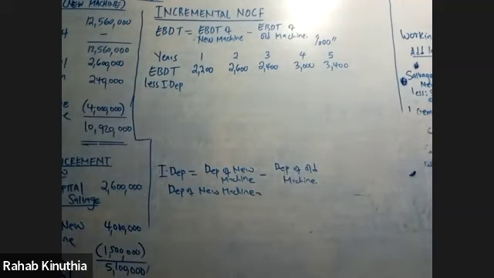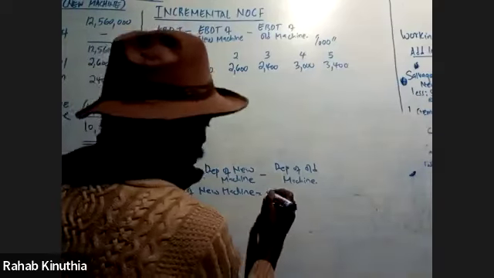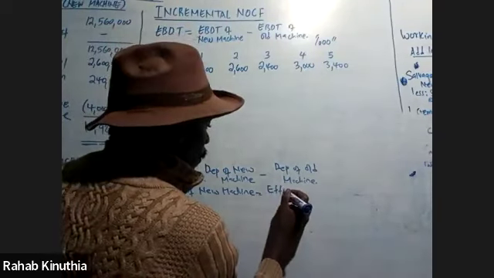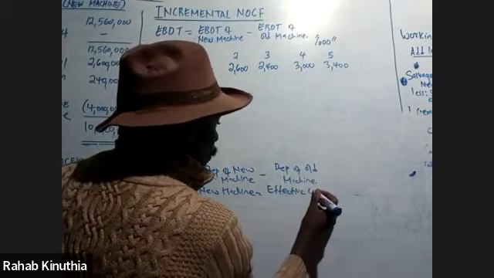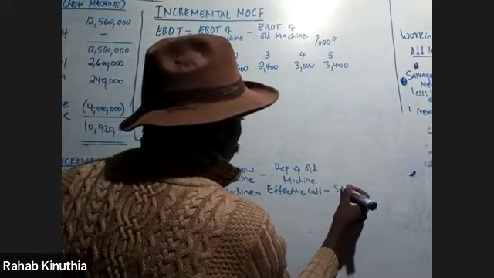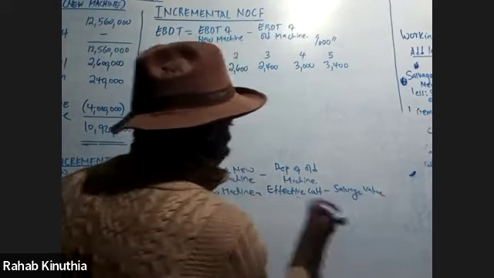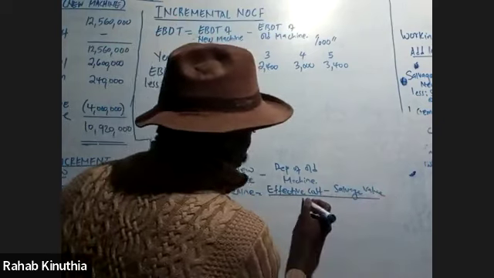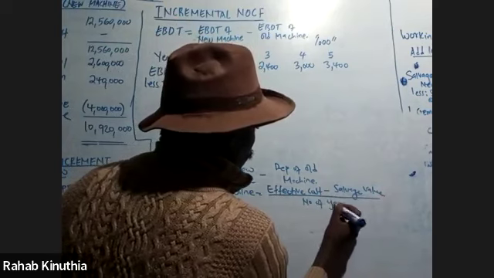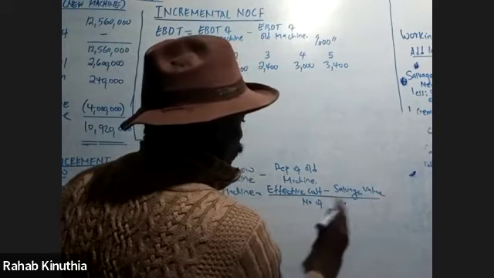So to get depreciation of new machine, remember it is the effective cost minus salvage value over number of useful years.